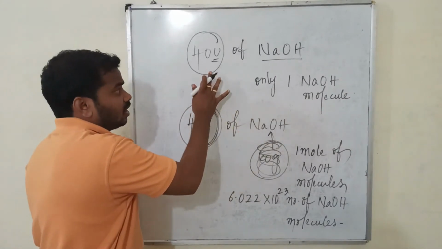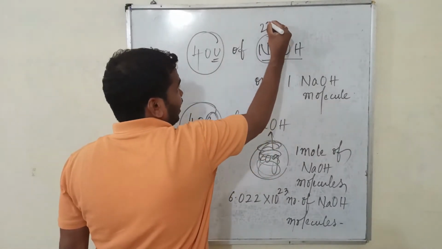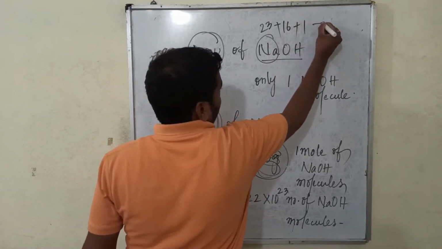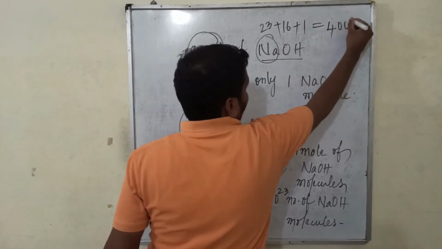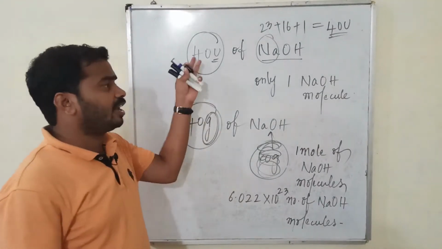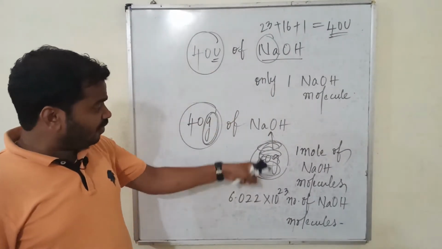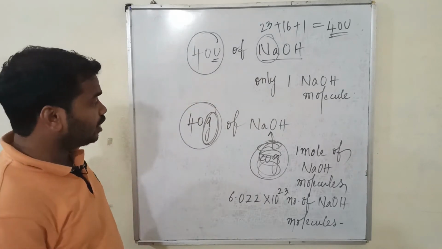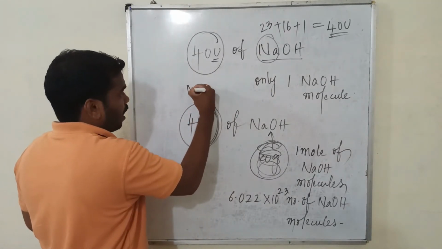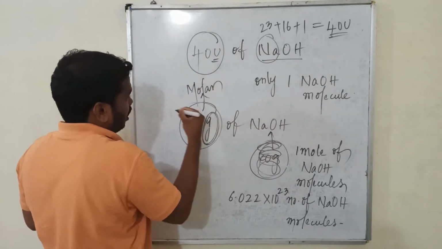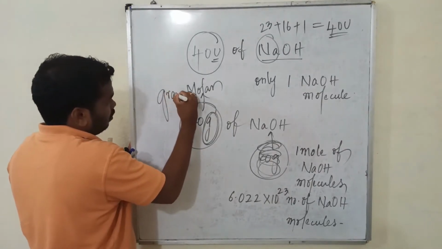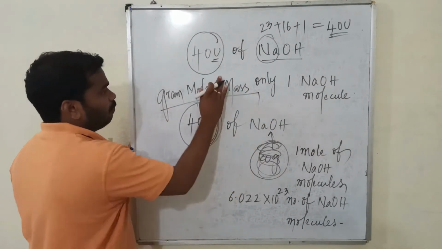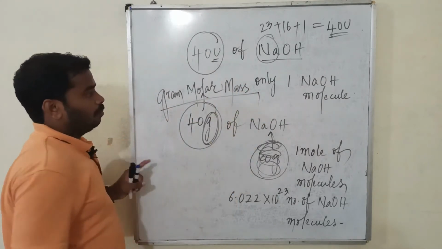Individually we shall write the molecular masses: 16 plus 1, that would be equal to 40 unified mass units, atomic mass units or unified mass units. Now I am just changing this unit to gram, so I am going to express this as gram molar mass.